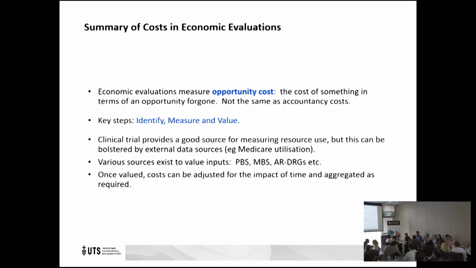So to be able to generalise your results, you need to have that transparency. For example, if the government said they want to scale up your program, and you haven't included a value for the volunteers that worked on your program, well, Queensland might not have volunteers. So I just want to emphasise that it is a very relevant concept to always have in the back of your mind. Thanks.